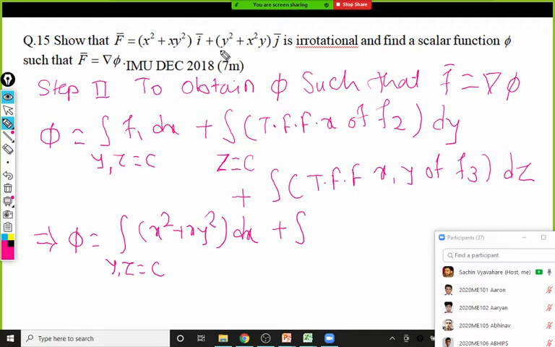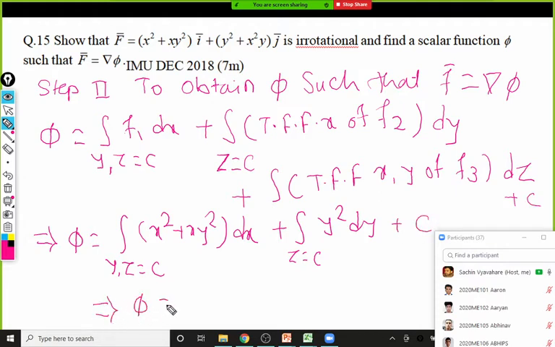It's only y square, treating z as a constant if it appeared in the integrand. That's only. Now the last step is the integration. Some authors write plus c also, plus c everywhere. So if you write plus c, that is also okay.